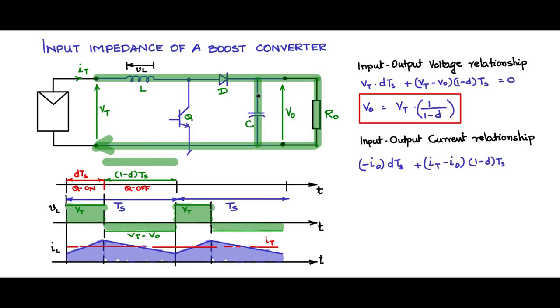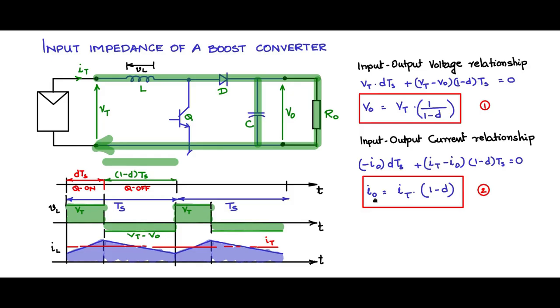The charge up and the discharge should balance out cycle by cycle, so that is equal to 0. On simplification this leads to I naught is equal to It into 1 minus d. This is the second important relationship. One is the input-output voltage relationship, the other is the input-output current relationship. So that is 1 and this is 2.